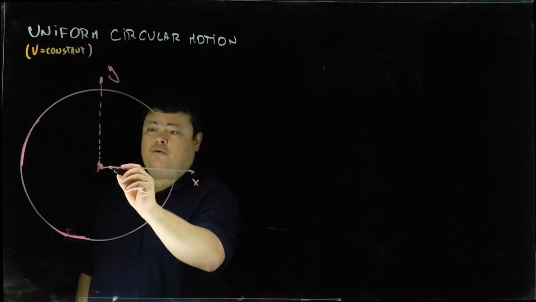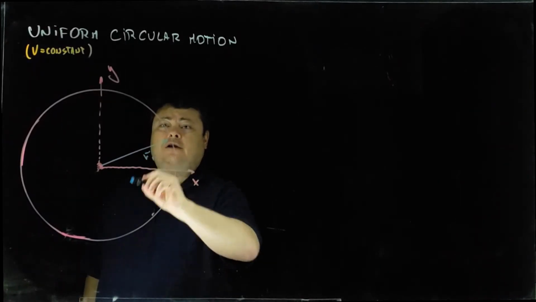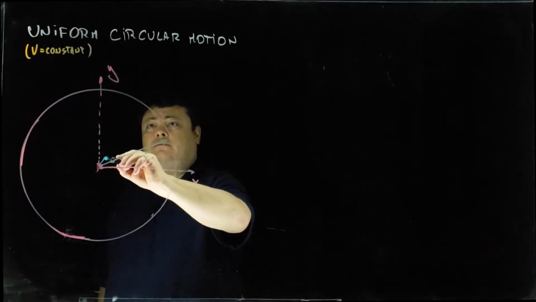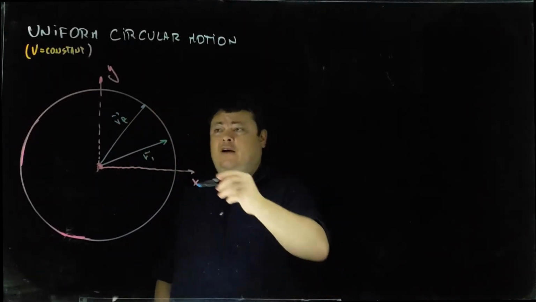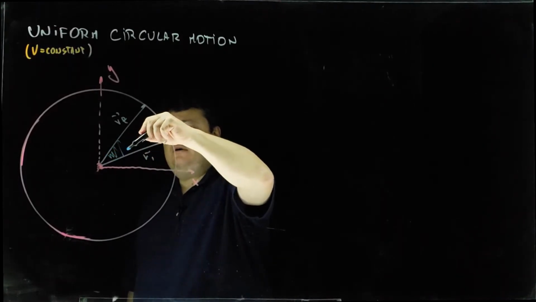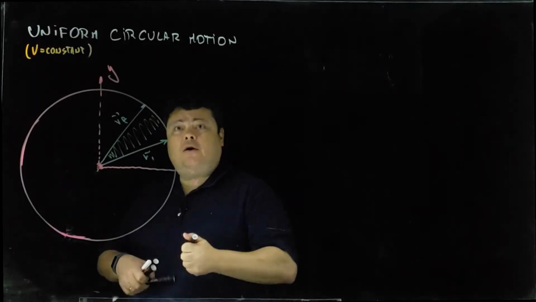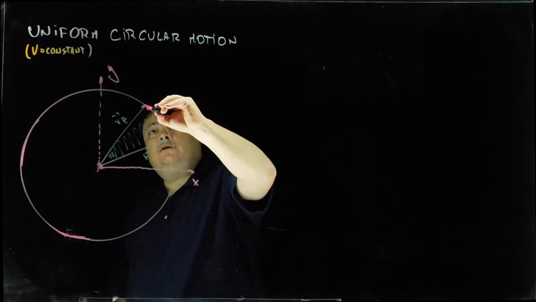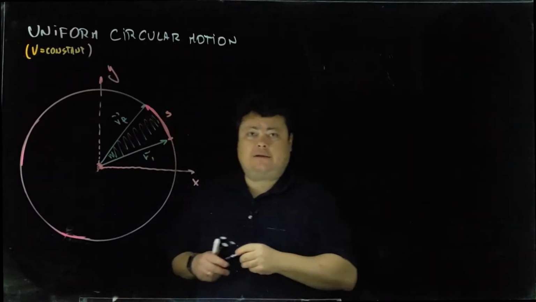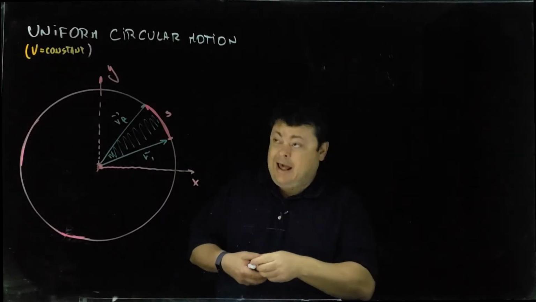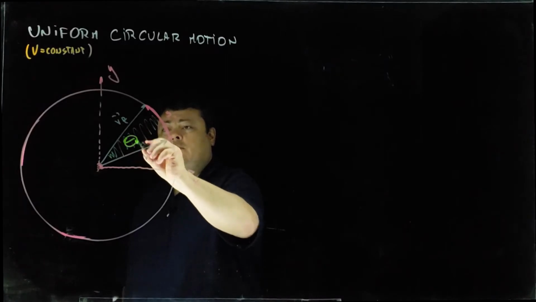So if my particle is initially at this position here, r initial, and then comes to this position, r final, the vector position will swipe a certain angular sector. And while that is happening, the object is traveling here a certain distance. I want to call that S. Well, the angle that my vector position swipes, I'm going to call theta.